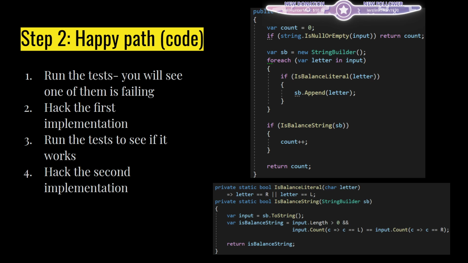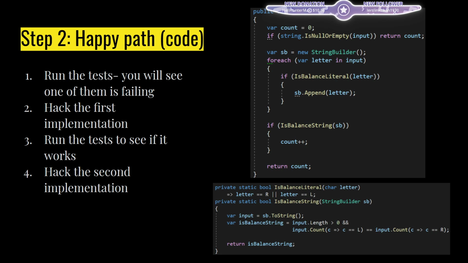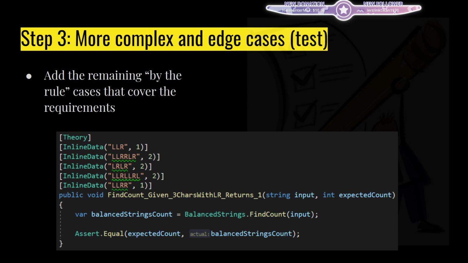If it's a balanced literal, we append the character to the string that we're checking, and when all the literals are there, we check if that string is balanced or not, meaning it has the same amount of L and R characters. Based on what we have here, it works. But unfortunately, that is not really what we're asked to do. So we need to fix that.